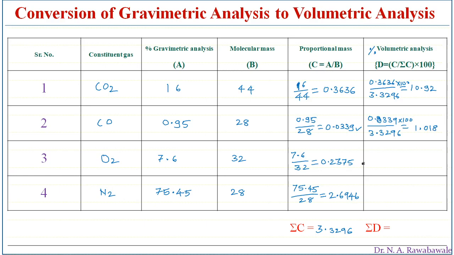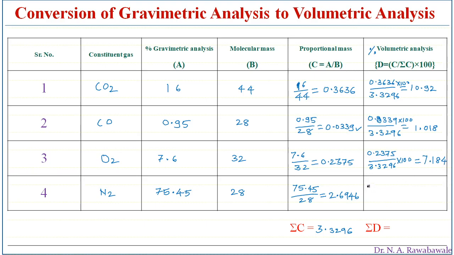So this works out to be 1.018%. Again, oxygen, 0.2375 divided by 3.3296 into 100. This works out to 7.184%.